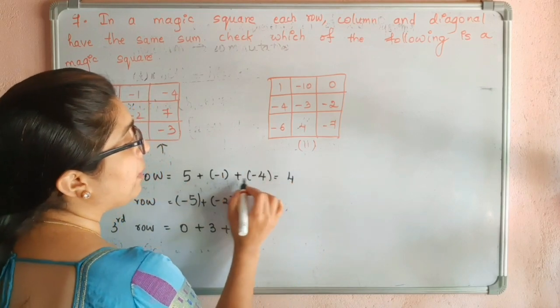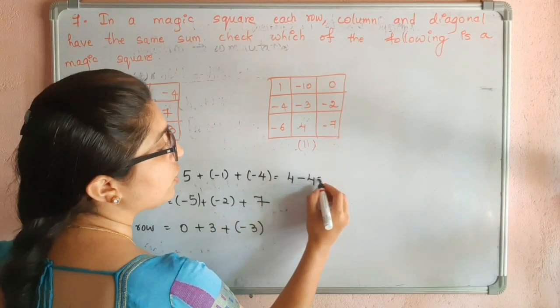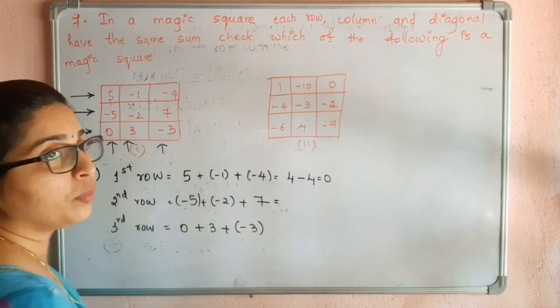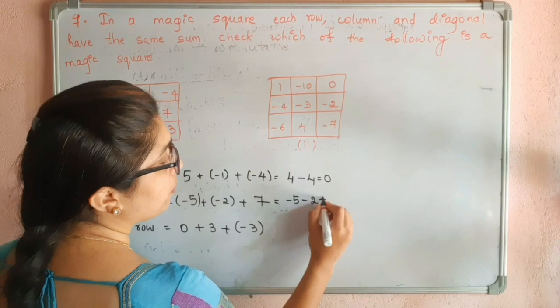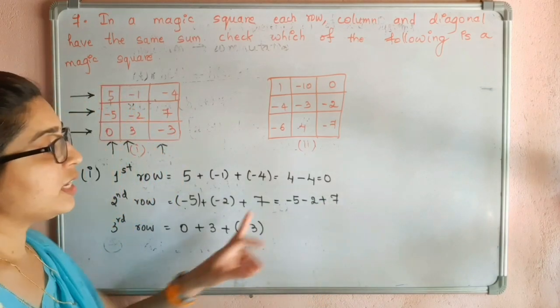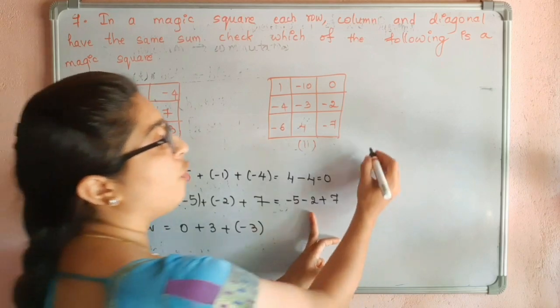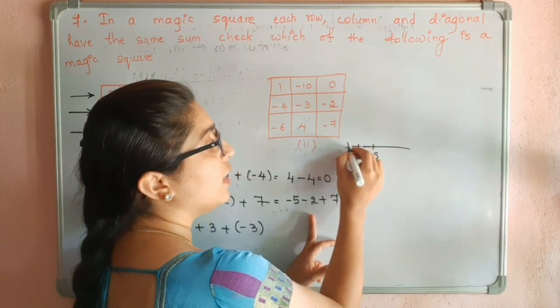4, again plus into minus is minus, then you have to take 4. So it is 0. Minus 5 plus minus 2 plus 7. So minus 5 minus 2 is minus 7. Right? From the number line, minus 2 means we are going towards the left.